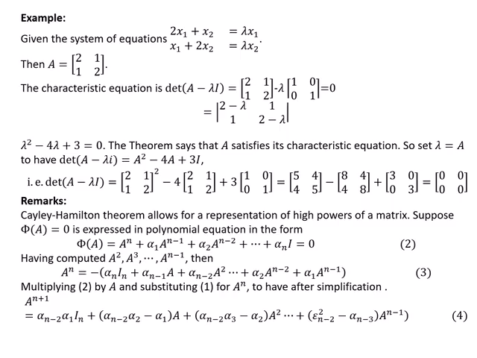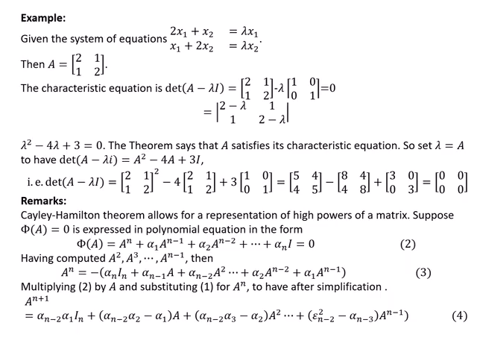Given the system of equations 2x1 plus x2 equals lambda x1, then x1 plus 2x2 equals lambda x2. This is a system of linear equations. So we want to prove the Cayley-Hamilton theorem on this, that is, that A satisfies the characteristic equation of this problem.